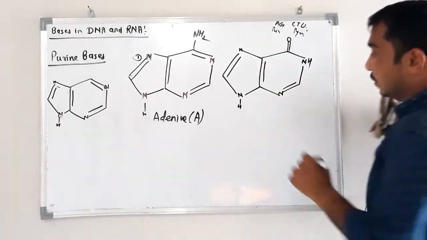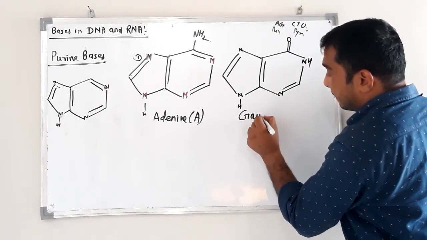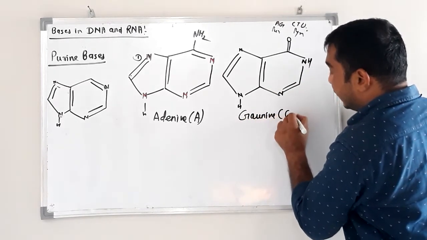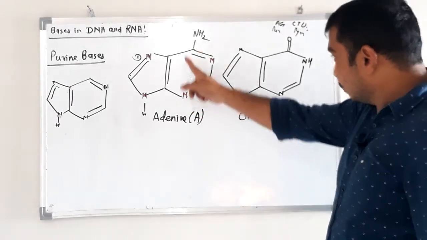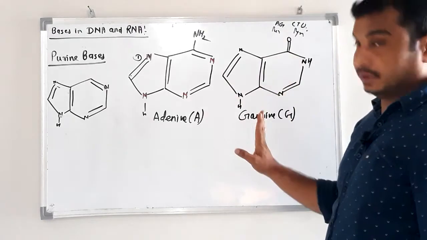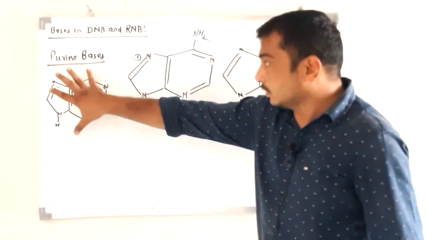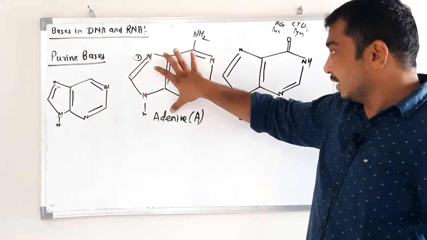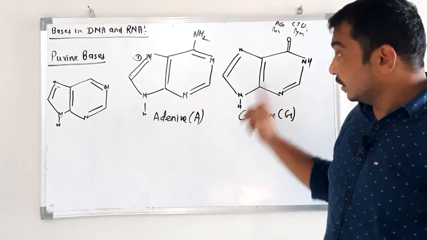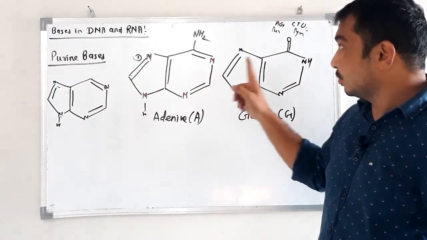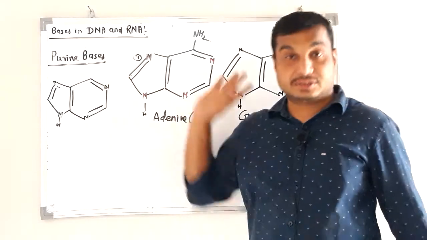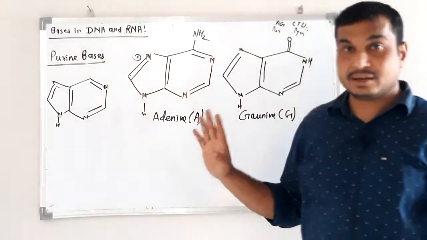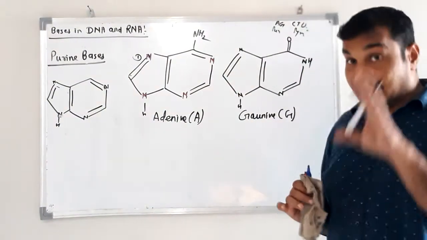So this is the structure of guanine, capital G. Adenine, guanine: both molecules contain the purine ring. This type of purine ring is present in adenine as well as guanine. Therefore, these two types of heterocyclic bases are known as purine bases, because they are basic in nature.